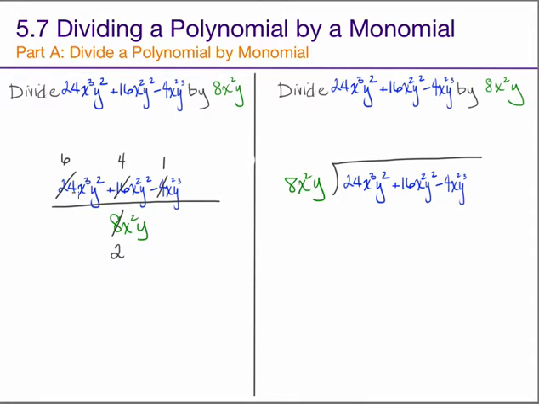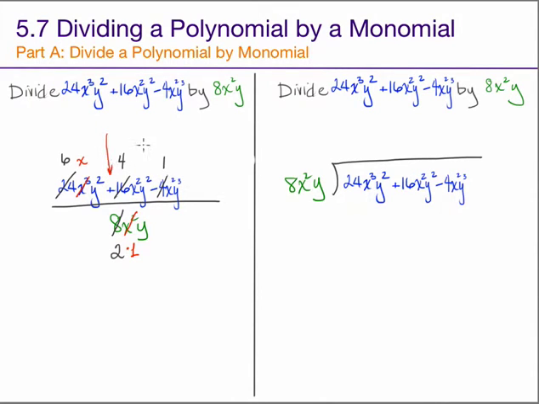X squared goes into x cubed. If you can see that that's x, that's great. But if you can't, you can always think, what do I need to multiply by x squared to get x cubed? What do I need to multiply by x squared to get x squared? 1. So x squared goes into x squared once, and x squared goes into x cubed x times. If I'm going to cancel x's, I need to do it in all 3 terms.